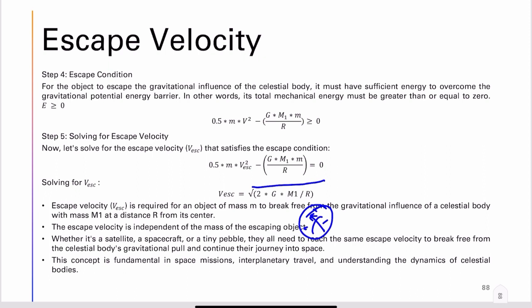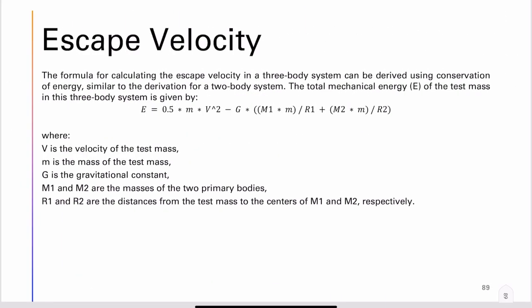Whatever the mass, they all need the same escape velocity to break free from the celestial body's gravitational pull and continue their journey into space. This concept is fundamental in space missions, interplanetary travel, and understanding the dynamics of celestial bodies.